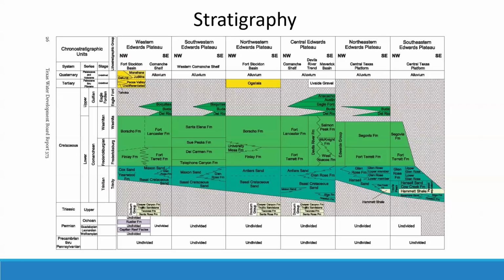So the Edwards is more carbonate and the Trinity has more clastic material and sands. And what I found is most of the production is better here where this hasn't been enhanced by karst type features. The other thing is in this Edwards part, as you get further west and maybe even northwest, you'll have more marls and things.